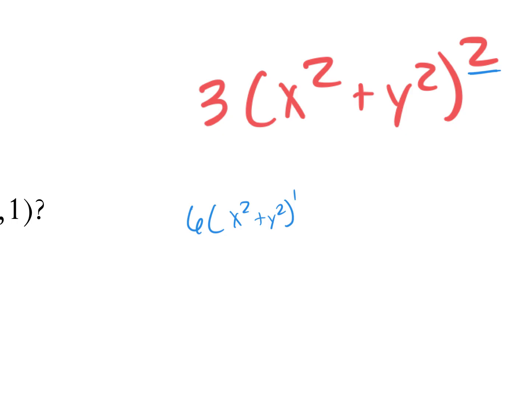Okay, I have an inside function of x squared plus y squared, so I'm going to have to take that whole thing times 2x plus 2y dy/dx. How are we feeling so far?